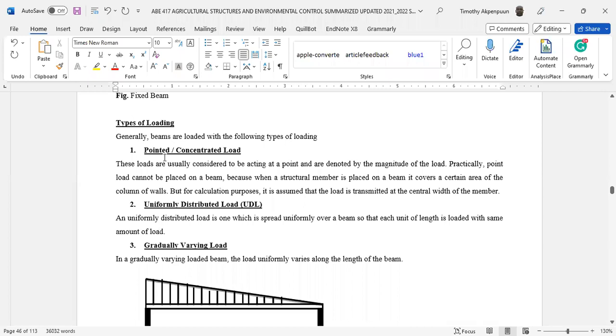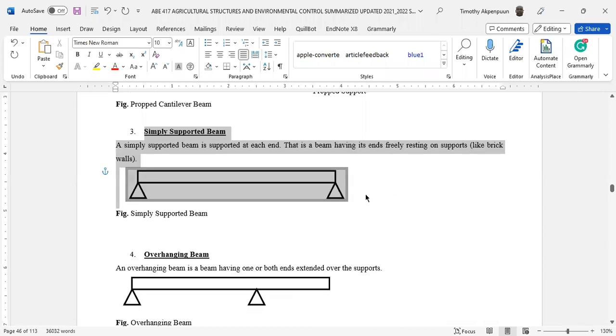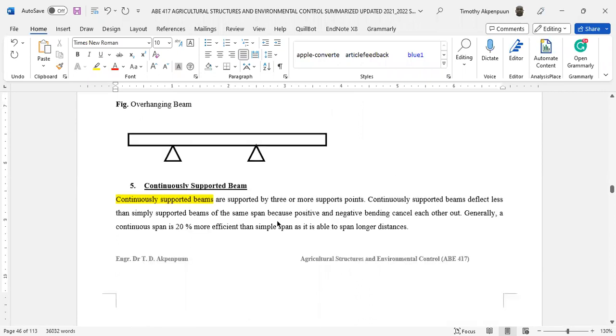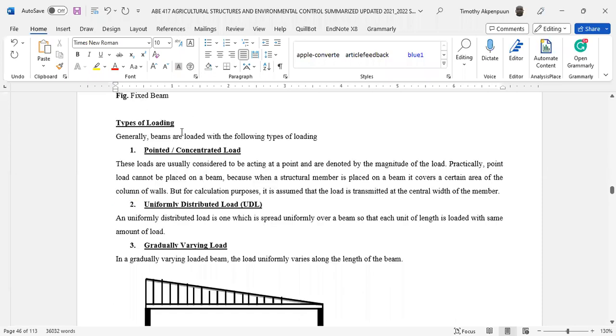Can you see the simply supported now? Why is it taking you so long to respond? Types of loading.